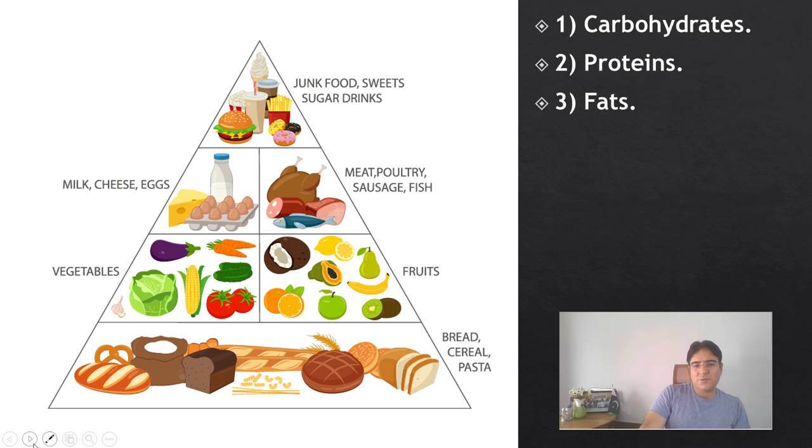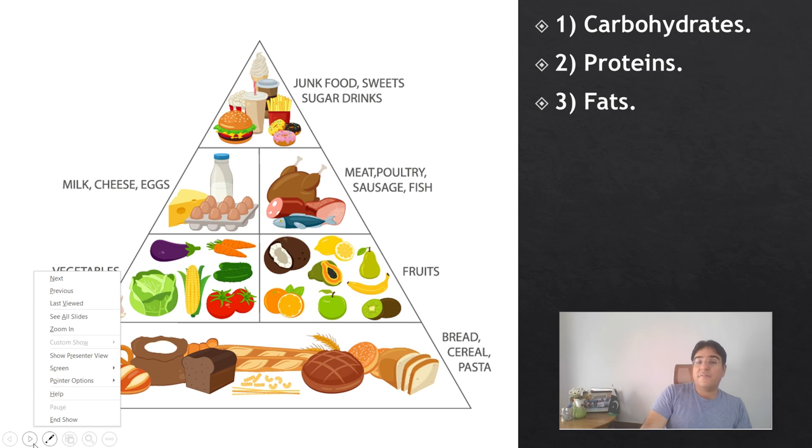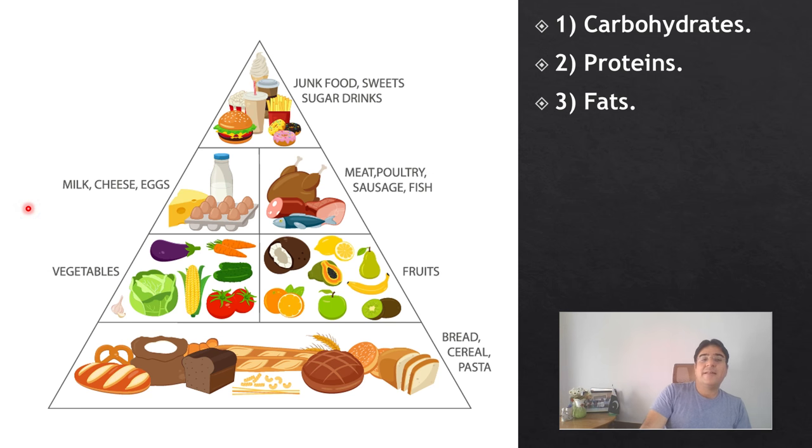Every protein source will also have some sort of fat in it. So if you talk about chicken, it's more protein and less fat. If you talk about lamb meat, it's also protein and a little bit of fat. If you talk about beef, there's a lot of fat in it. Some people think that fats are basically better.